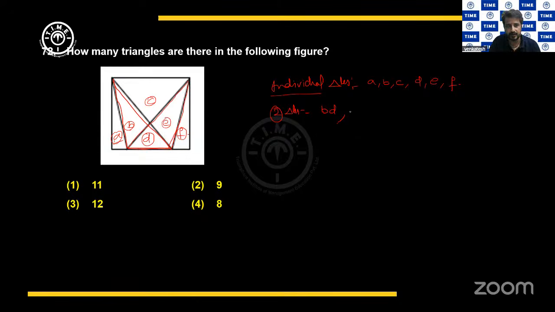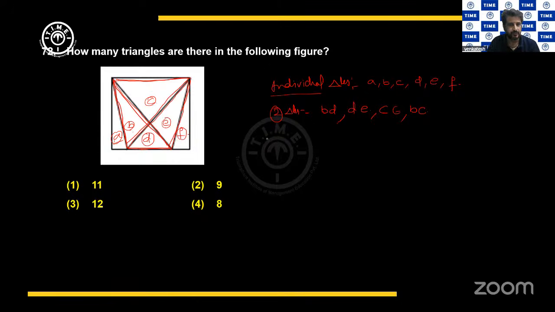And CE is also one triangle. So combination of two triangles, how many are there? One is BD, one more is DE, CE, and BC. BC is also a combination of two, one triangle. So combination of two triangles is over.